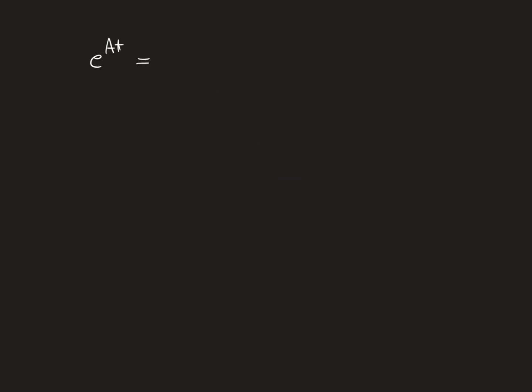So e to the at is by definition I plus At plus 1 over 2 factorial A squared t squared plus 1 over 3 factorial A cubed t cubed, and so on.